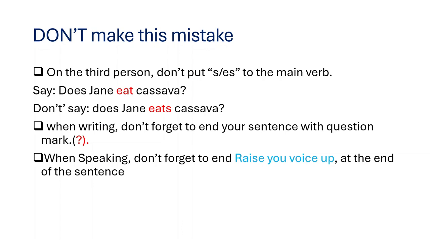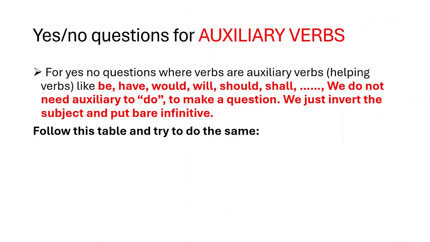Great. Let us go on. Yes, no questions for auxiliary verbs. For yes or no questions where verbs are auxiliaries, or helping verbs like be, have, would, will, should, shall, we don't need an auxiliary to make a question.